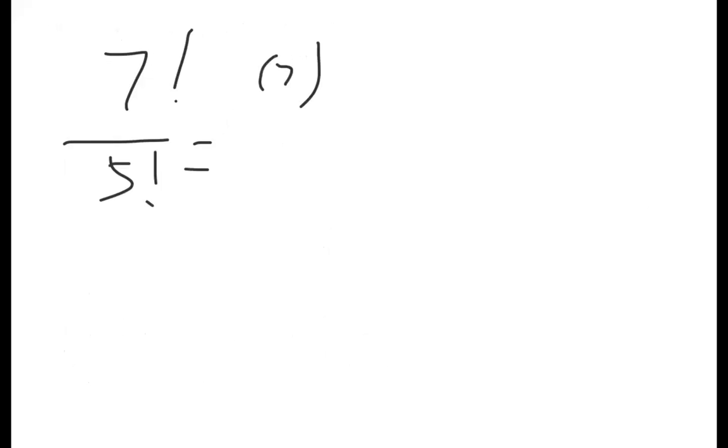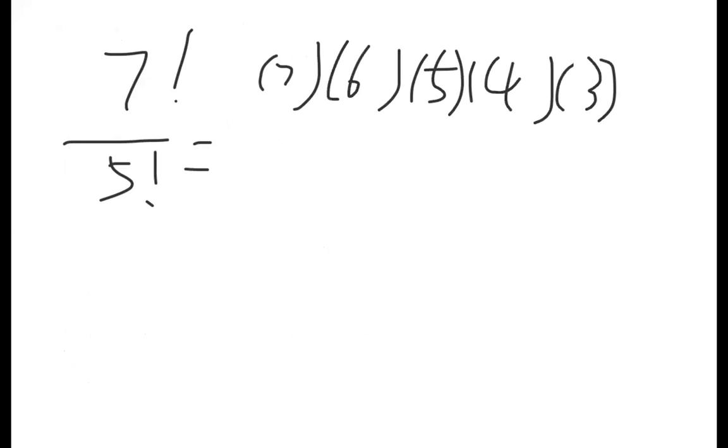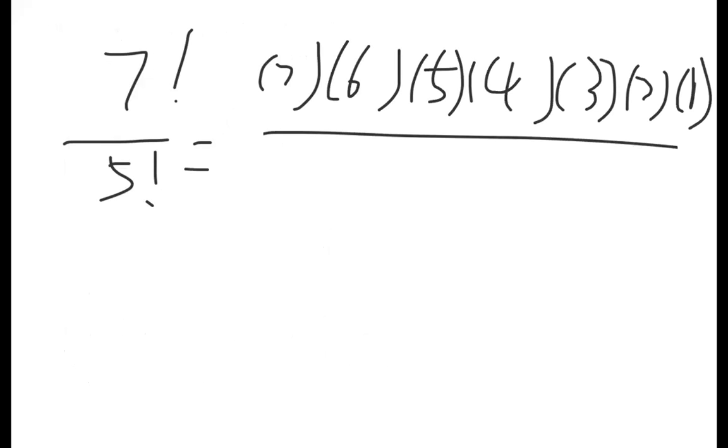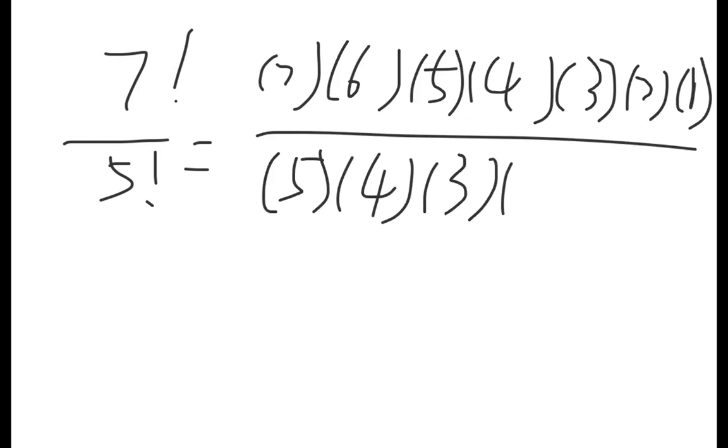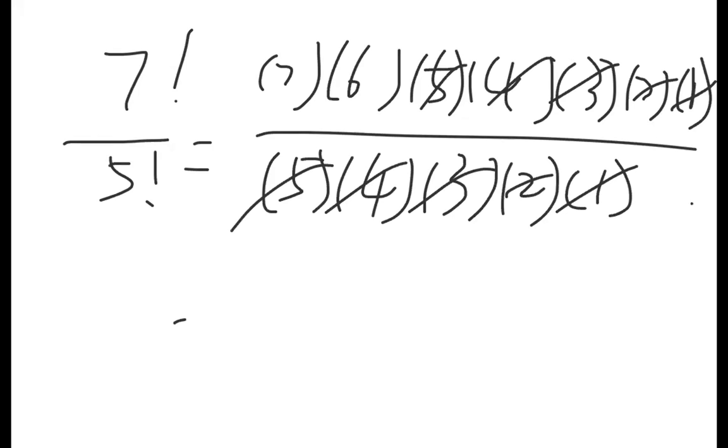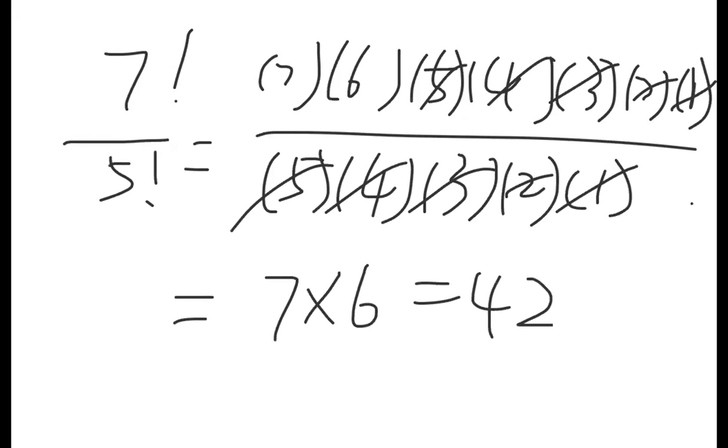When you write out the terms, you can actually have cancellations, because there is a common factor of 1, 2, 3, 4, and 5. So when you cross out the terms, you only have 7 times 6, which is 42.